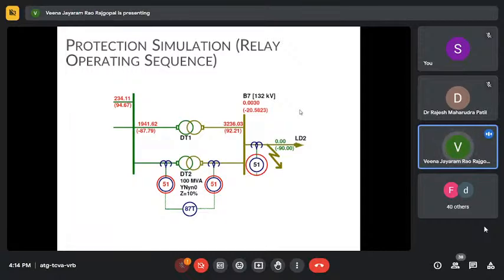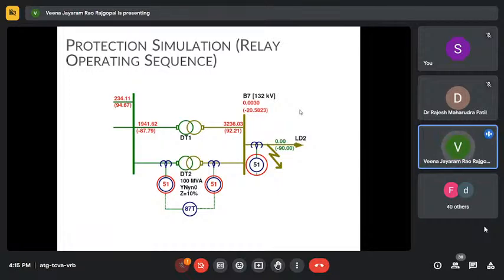When all the settings are done, you have set the settings, and now you want to see whether my transformer differential is going to operate, distance is going to operate, or overcurrent relay is going to operate. So when we do protection simulation, you are going to create a fault in the system, and all the relays which are placed in the network are going to respond to that, whether they operate or don't operate.